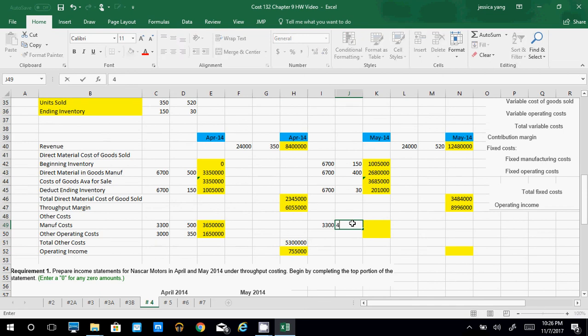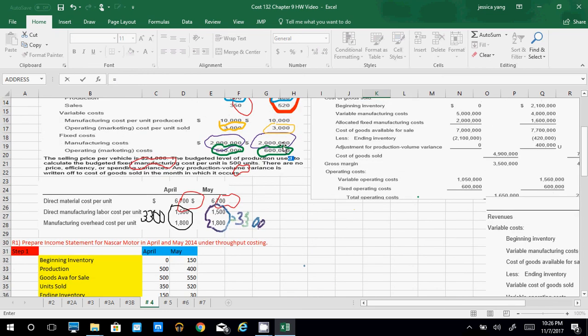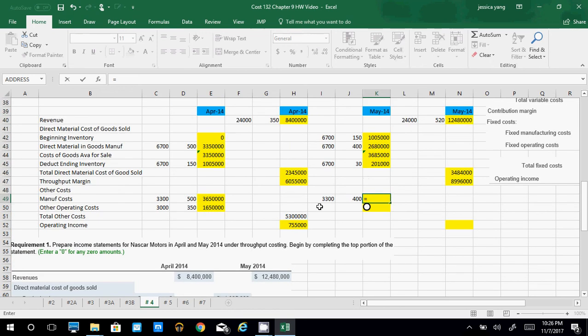Multiply by our 400 units in May, adding our 2 million in May of manufacturing costs. That gives us a total of $3,320,000.